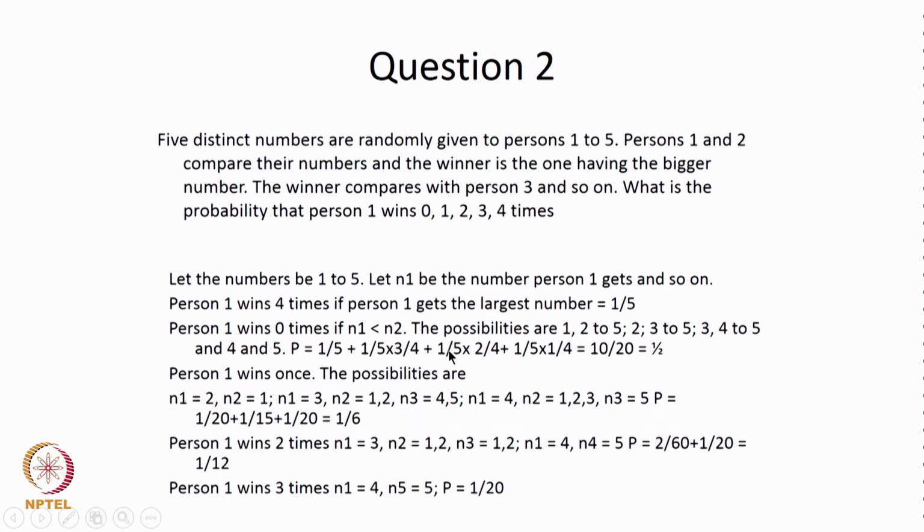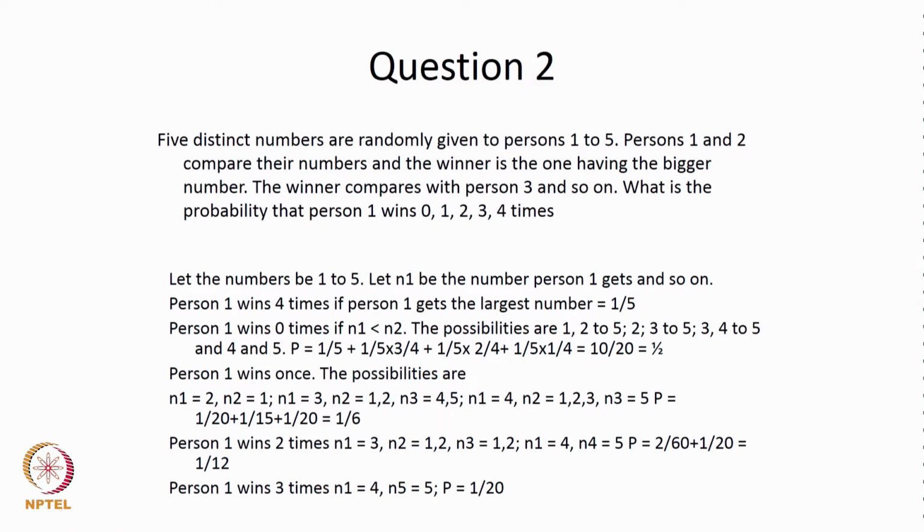Now person 1 getting number 3 is 1 by 5 and person 2 getting 4 or 5 out of the remaining 4 numbers is 2 by 4, and person 1 getting number 4 and person 2 getting number 5 is 1 by 5 into 1 by 4. So, we multiply and add to get 10 by 20, which is half.